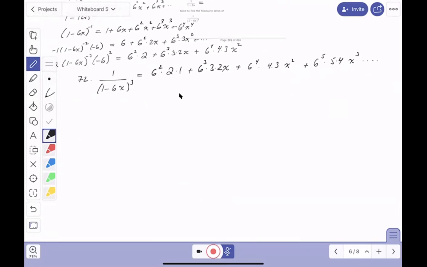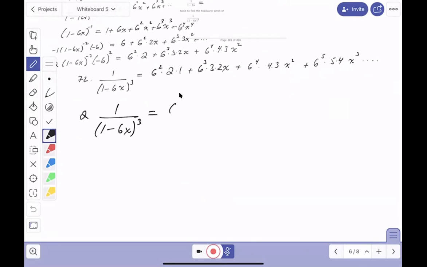Now, what I'd like to do is divide both sides by 6 squared. All right, let me put that down for you. So what would I get? I would get 2, 1 minus 6x cubed, and I'm dividing by 6 squared. What do I get?